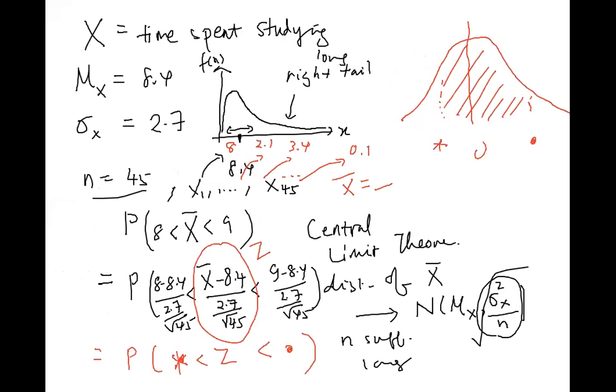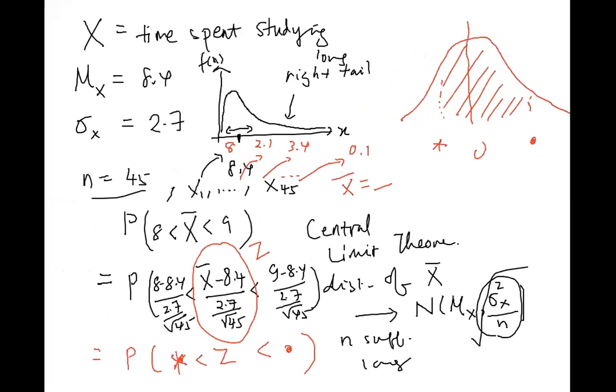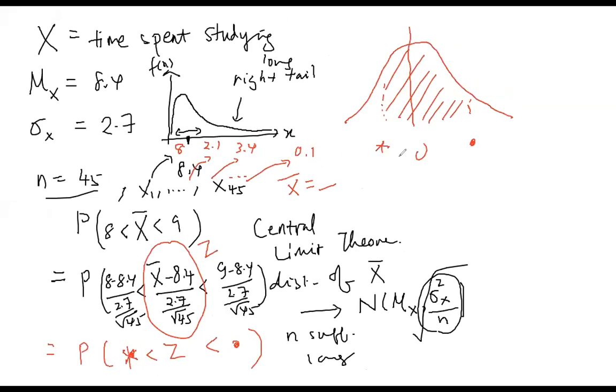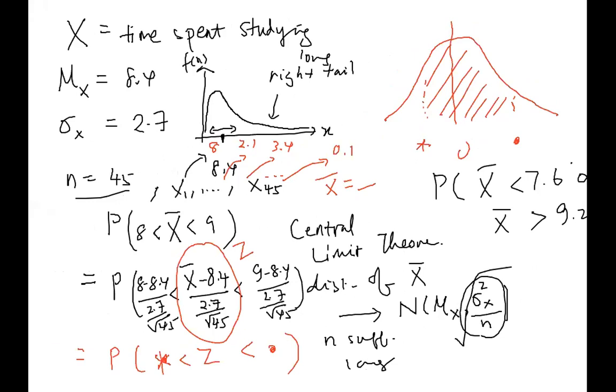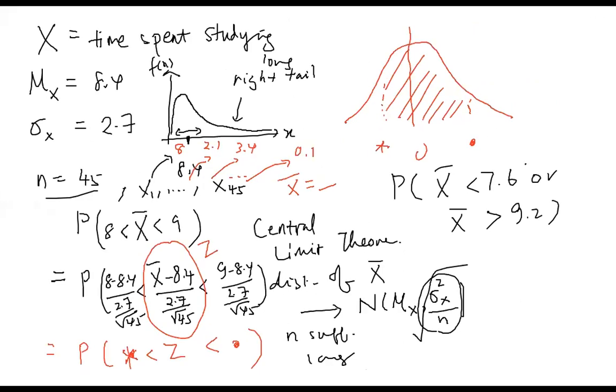The second part is less than 7.6 or more than 9.2. The first thing to note is that x bar is less than 7.6 or x bar is more than 9.2. These are two events, one event and another event.